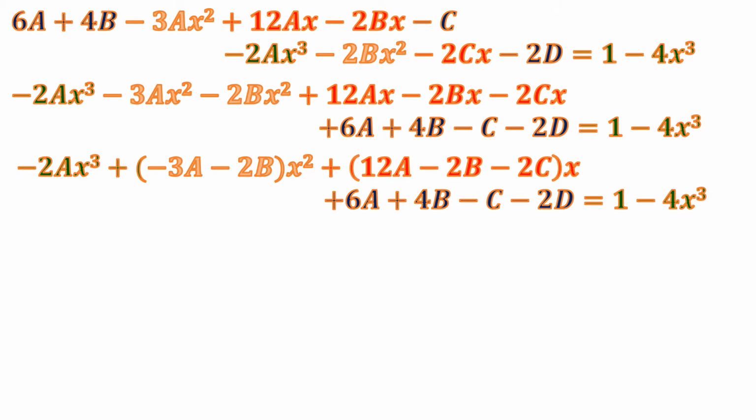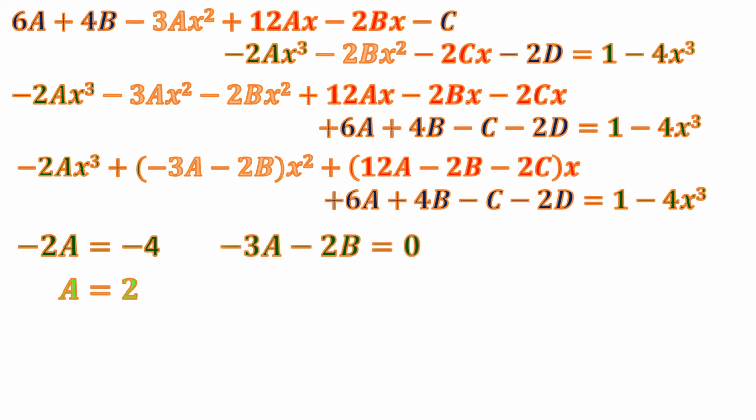So like here, the x cubed has negative 2a, and at the other side of the equal sign, the x cubed there has negative 4. So you can equate them and solve for a. So divide both by negative 2, so a is 2.